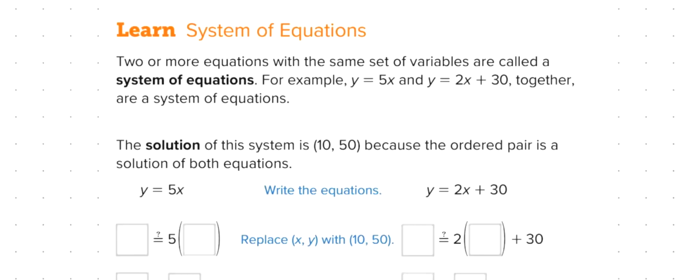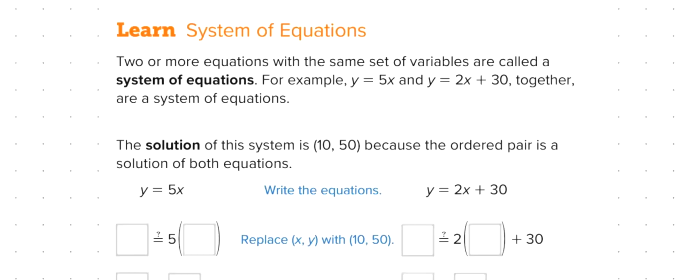So let's learn first what a system of equations is. Right here we learn that two or more equations with the same set of variables are called a system of equations. For example, y is equal to 5x and y is equal to 2x plus 30 together are a system of equations.